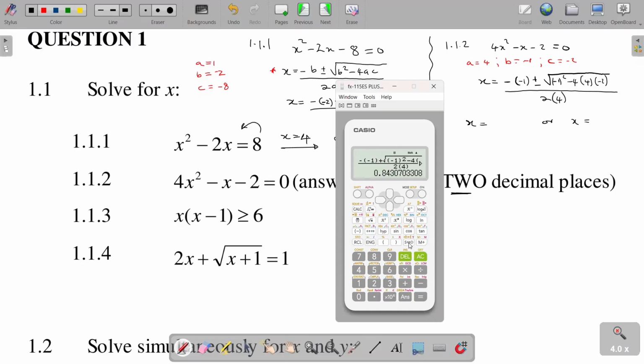So to go to 2 decimal places, we count 2 numbers after the comma, then we concentrate on the third one, which is less than 5. So our final answer to 2 decimal places will be 0.84 there.